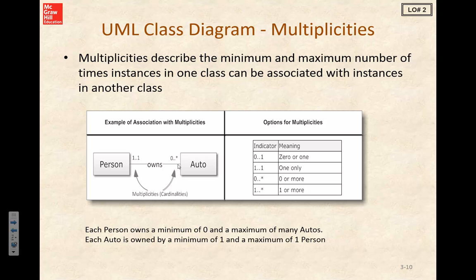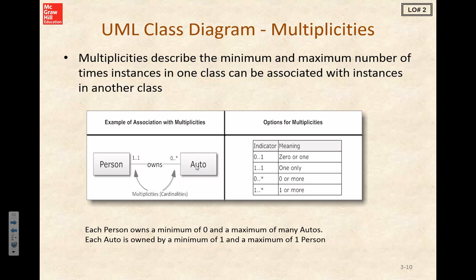They can own a minimum of 0 autos, so you can be 16 and not own an auto yet. Your parents probably own that auto. But you could be 16 and own several autos. So that's what this relationship is saying: you could own no vehicles or you could own many.